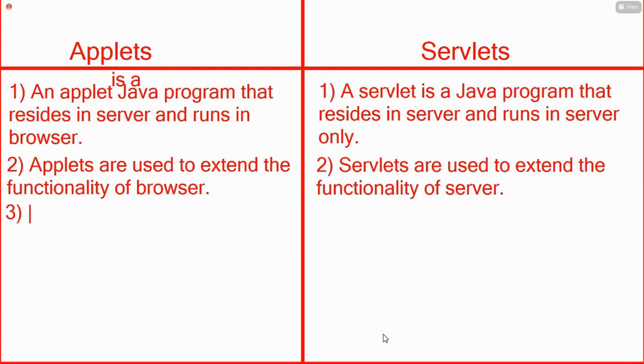That type only, applets come under static, Servlet comes under dynamic. That resides in server, runs in browser. This resides in server, runs in server only. Whenever request comes to applet, program is transferred to browser. Whenever request comes to server Servlet, program is executed, output only transferred. Those all, again, no need to give. You studied. Okay. With this first difference only, you can understand that one.